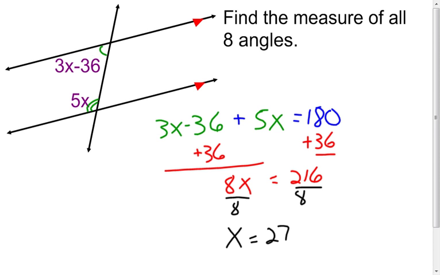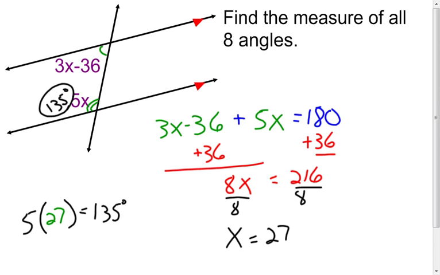I'm going to start with the 5x. If I take 5 and multiply it by my x value, which was 27, I find out that that measure is 135 degrees. So this angle here is 135 degrees.